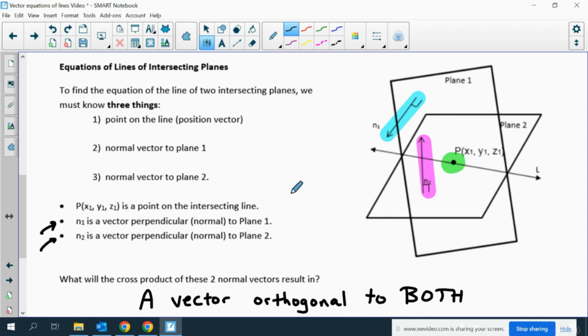Finding the point on the line may not be as easy, but what we know is the cross product of these 2 normal vectors, so the cross product of the blue and the purple, will end up with a vector that's orthogonal to both. And we know that if it's orthogonal to both, that means it's on both planes, since any vector that is orthogonal to n1 is going to be on plane 1, and anything orthogonal to n2 is going to be on plane 2.